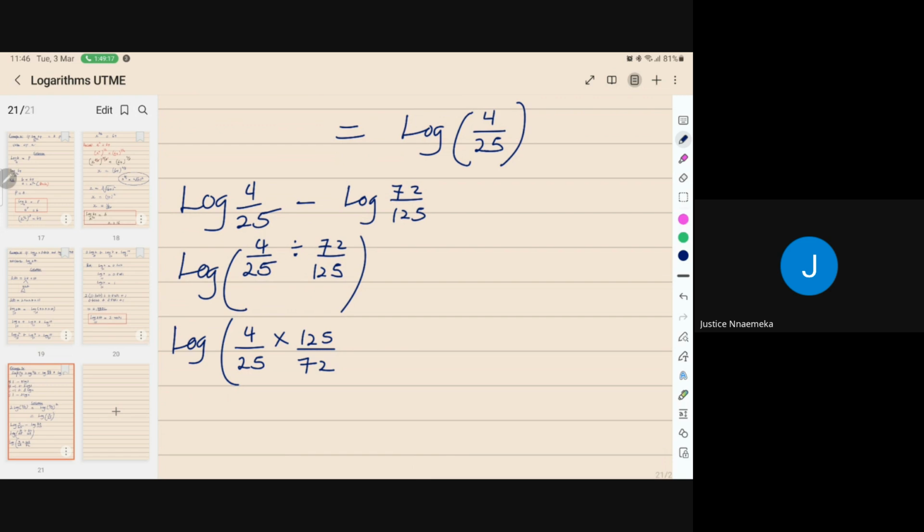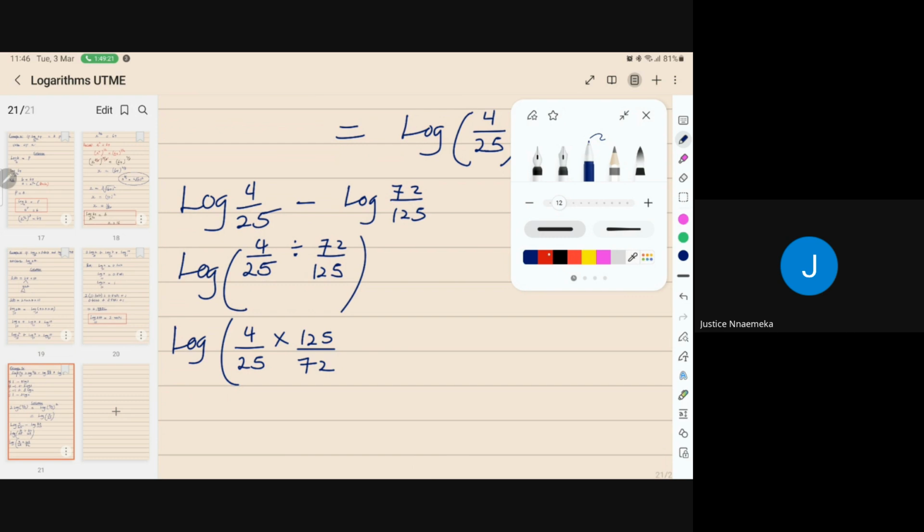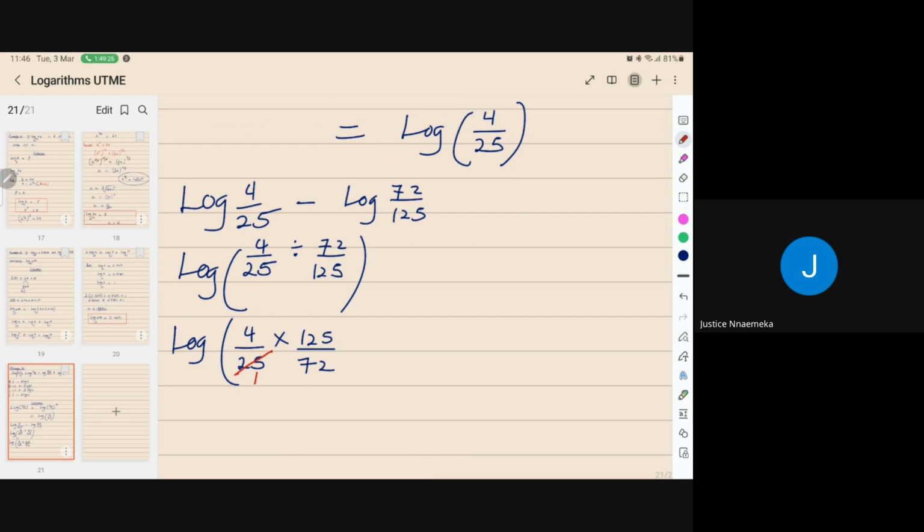So it's about time we reduce to the lowest terms, right? 25 into itself will give us 1. 25 into 125 gives 5, because 25 times 5 is 125. So I have 5 remaining here.